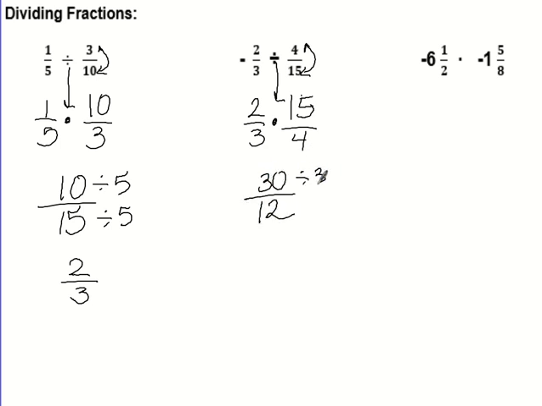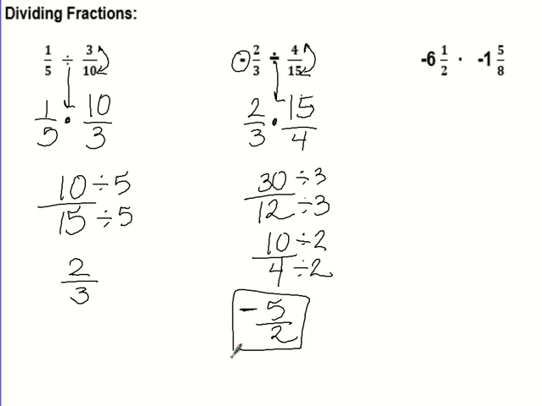We can reduce both of these by 3. 10 over 4. Oh, look at that. I can even reduce these by 2. See how I have to make sure? 5 over 2. Okay? One of them was negative, so the whole thing has to be negative. Negative 5 over 2. You do not need to change it.